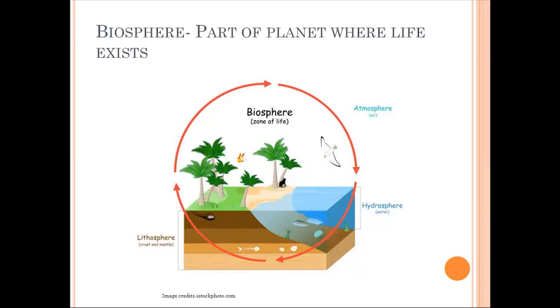So we can say biosphere is rightly a zone of life where all the other three components of the environment make it possible for the organisms to survive and live.